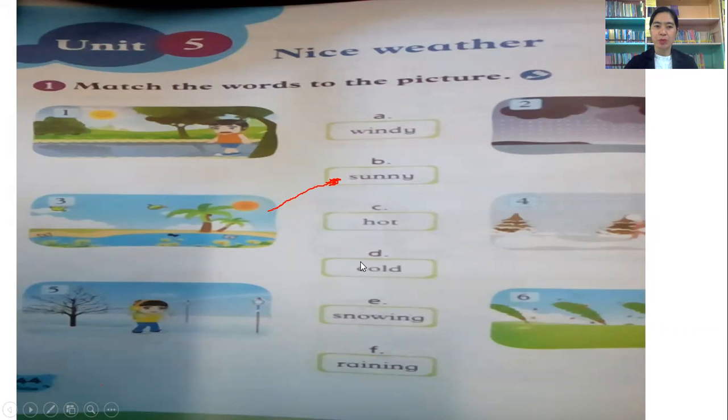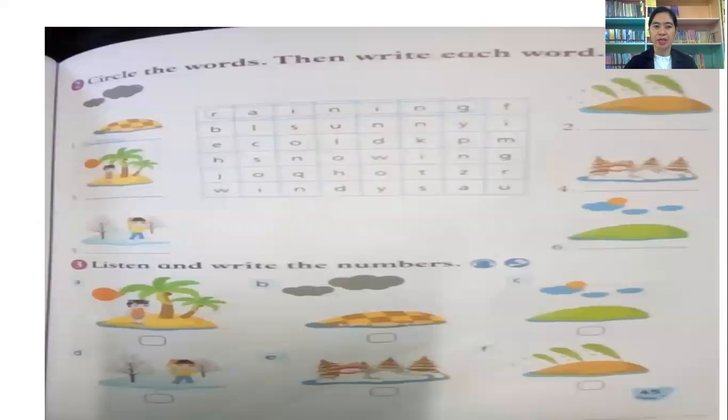Okay. Next page, let's go to page 45. Circle the words, then write each word. Example number 1, it was already circled, is raining. And you write it in the picture. And number 2, you write also, look at it. What is number 2?